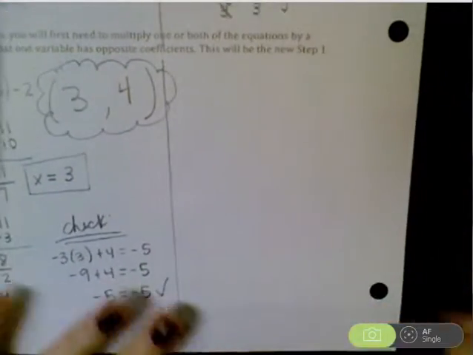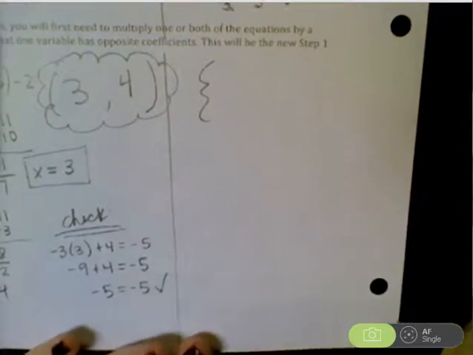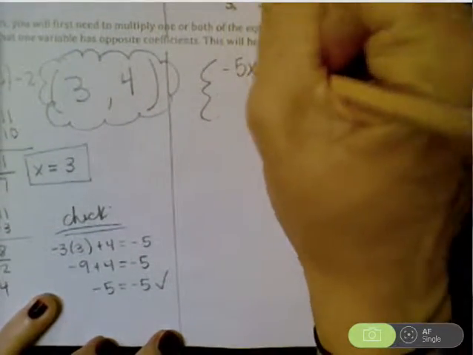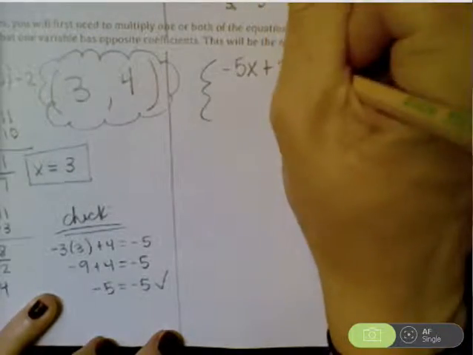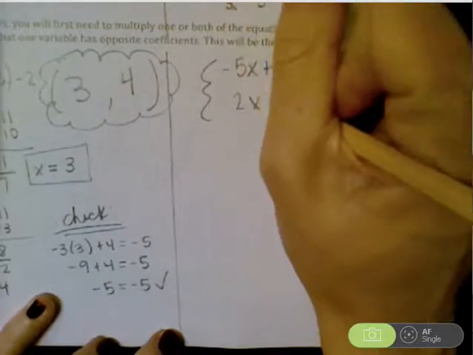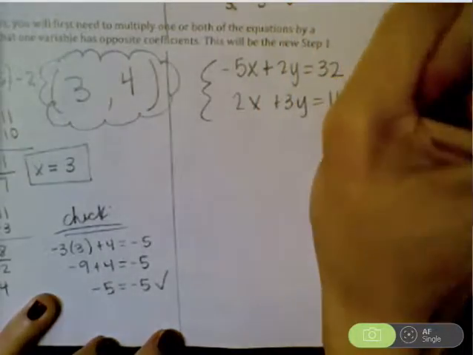Okay, here's the last example we're going to do together. Negative 5x plus 2y equals 32, and 2x plus 3y equals 10.